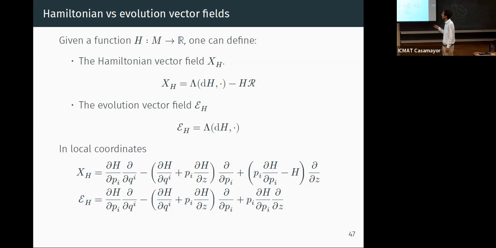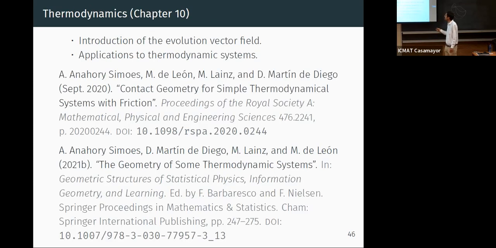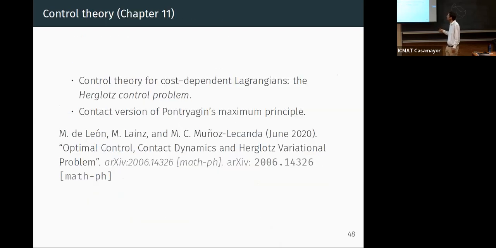Apart from this vector field, you can also define this one, which gives you similar equations for the integral curves, except this last term. And apparently, this vector field can be used to describe processes in non-equilibrium thermodynamics for isolated simple systems, this one over here. And this was published in the Proceedings of the Royal Society.